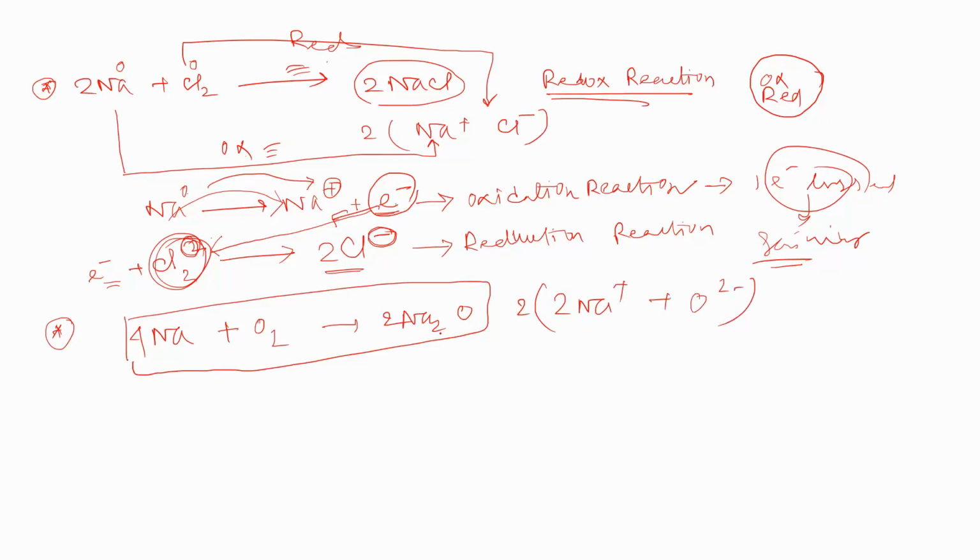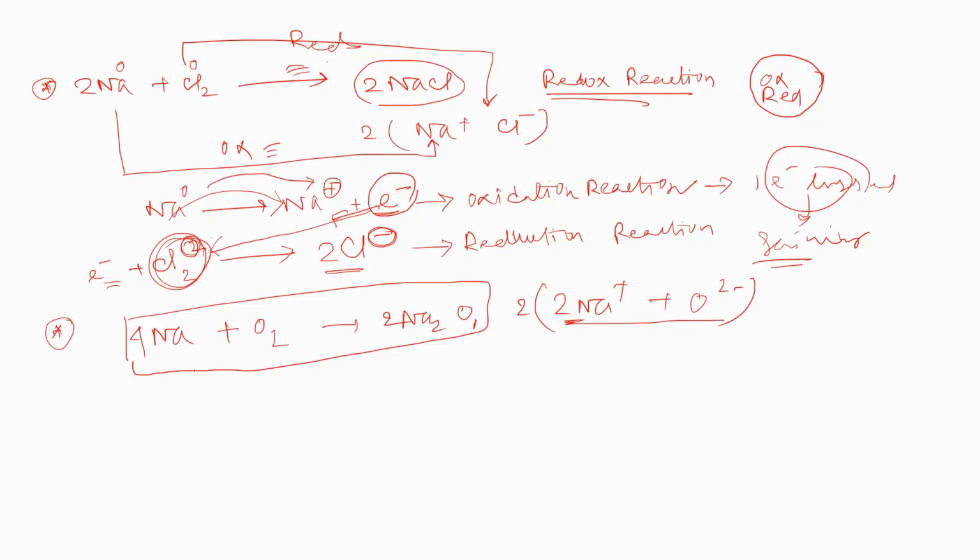The number of sodium will be in front, so that's why the 2 is coming in front of the sodium, and the number of oxygen is 1, so the charge of the sodium will be +1, and the number of sodium gives the charge of the oxygen, that's why it is O2-. So this is the form of Na2O as a cation and anion.